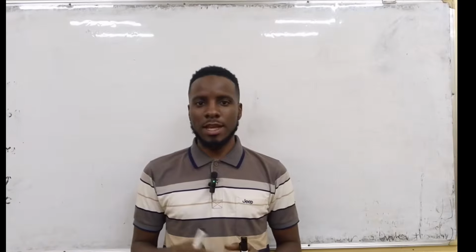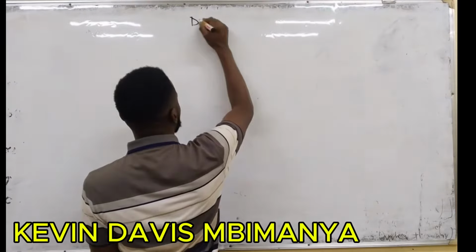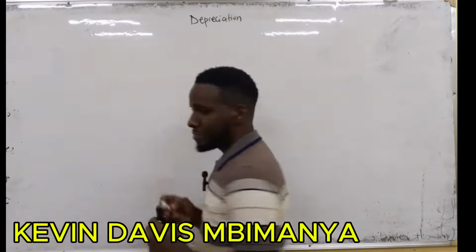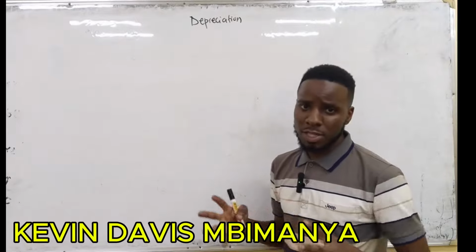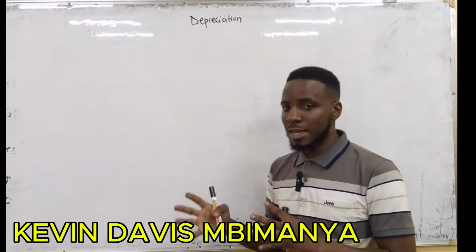So today I would like us to begin a new topic, which is depreciation. Now, when I talk about depreciation, this is a loss in value of a non-current asset.